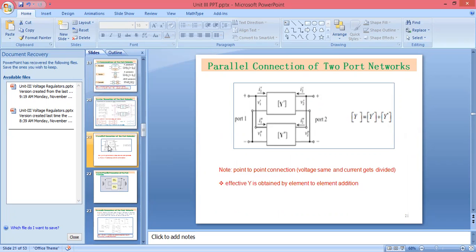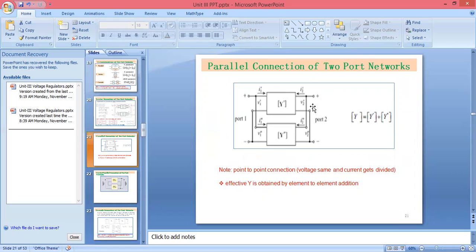So if you are making the parallel connection at that time you can see here, मैंने क्या किया है, if you see here we are making the parallel connection at the input and output. First terminal will be connected to the first terminal. First dash will be connected with the first dash of the second port. Again, we are doing the same thing at the output.